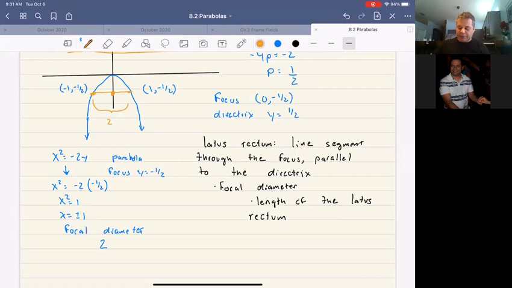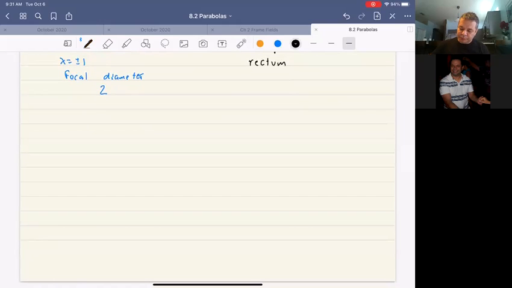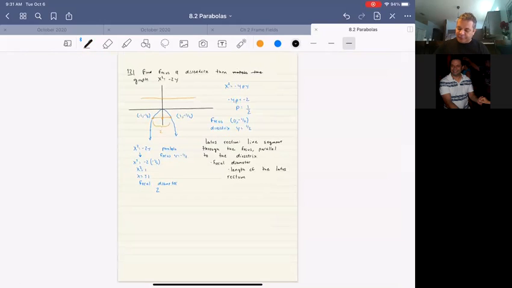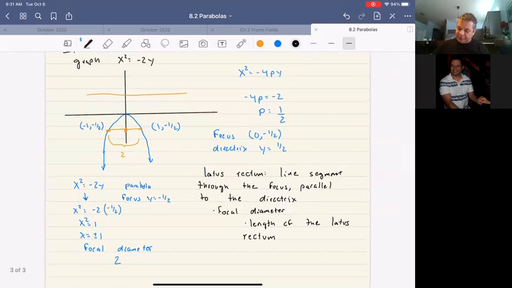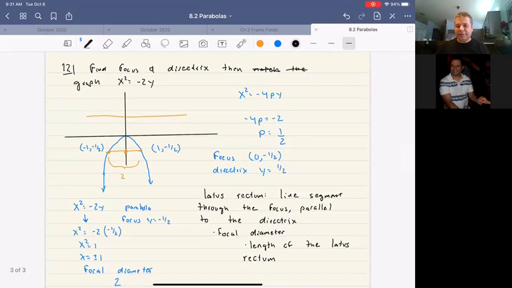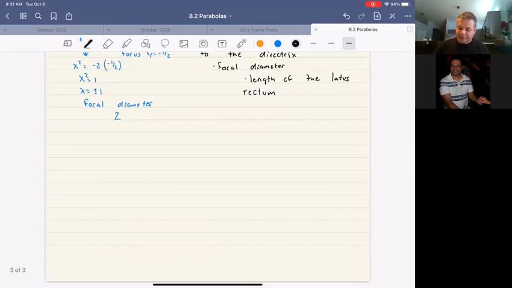All right, let's do another problem. I'll give you a full look at it first, so you can pause it and write down anything you missed. Now let's go to the next problem, number 18.